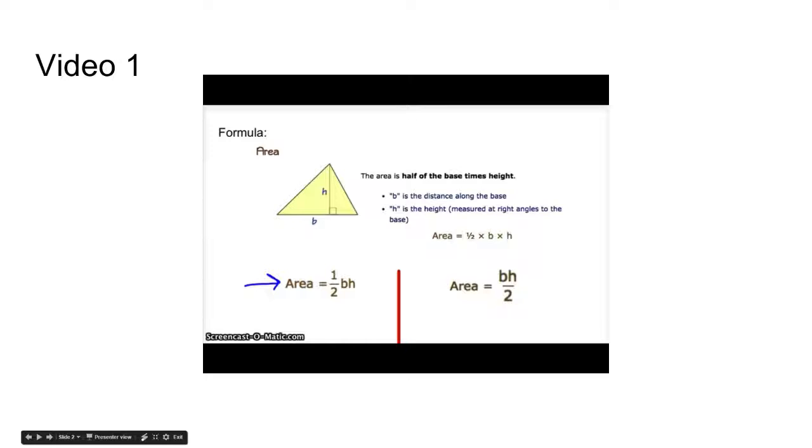The reason for that is because I can draw a rectangle around this triangle, and half of that rectangle is the triangle. If I shade in this free space, that's the same as this part of the triangle. If I shade in this space, that's the same as this part of the triangle.